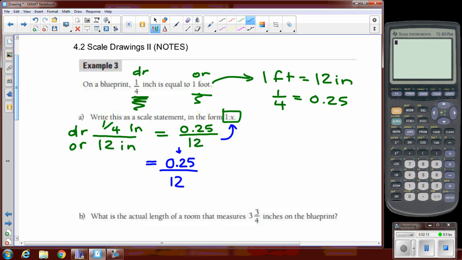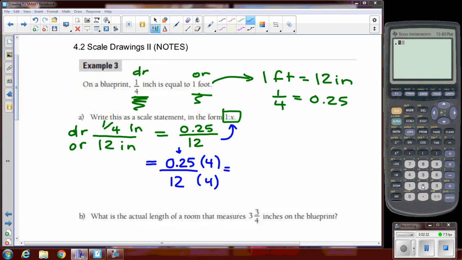So you have to know your math skills pretty well and say, well, 1/4 times 4 equals 1. And we could prove that on our calculator. 1/4 times 4 equals 1. So if I times that by 4, I get 1. But in a fraction, what I do at the top, I have to do the bottom, or a ratio.